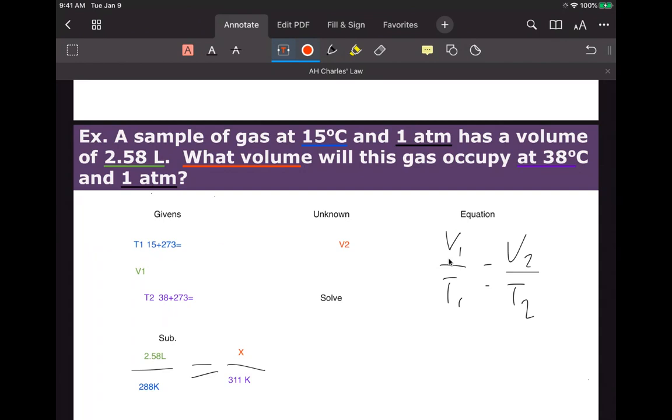From here, if you've done proportions or anything like that for math, this is the same thing. I remember when we first started stoichiometry, a lot of you wanted to cross multiply. Well, here's your chance to do so. We're going to cross multiply these two. I'm going to do my calculator on the side here. 2.58 times 311, I have 802.38.